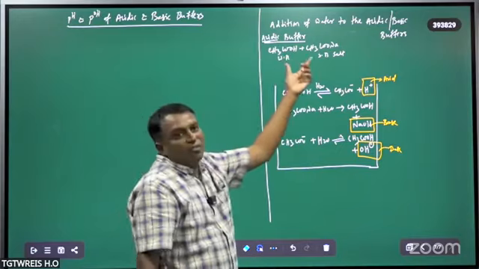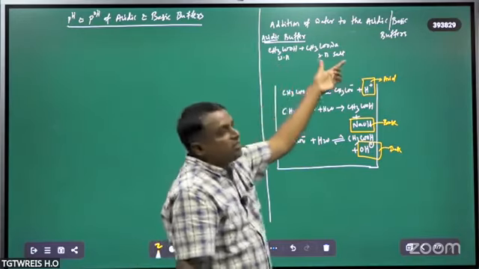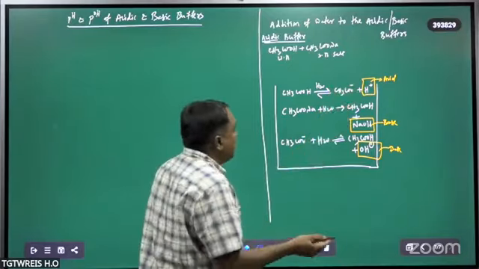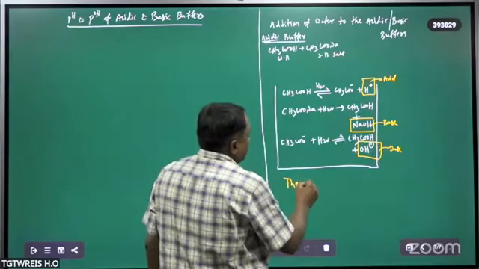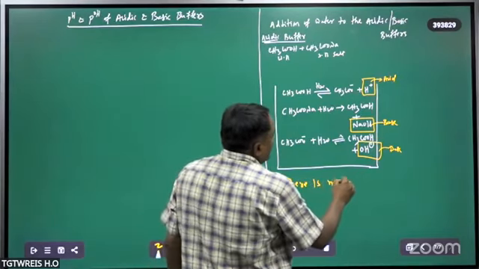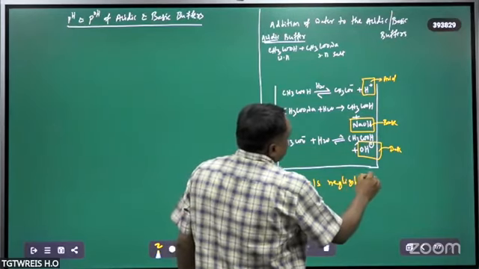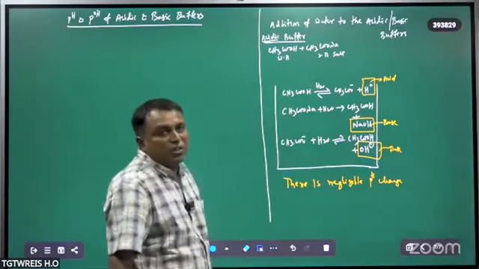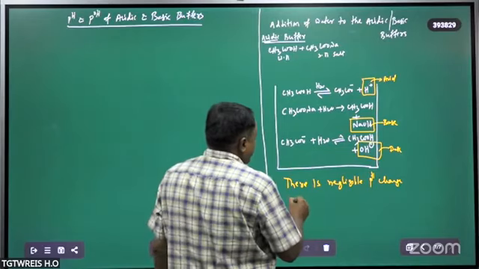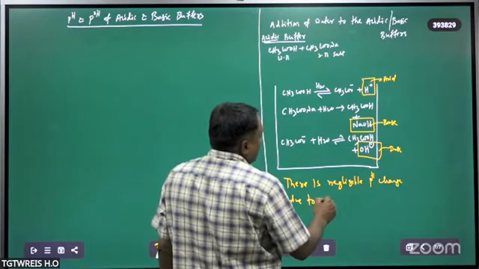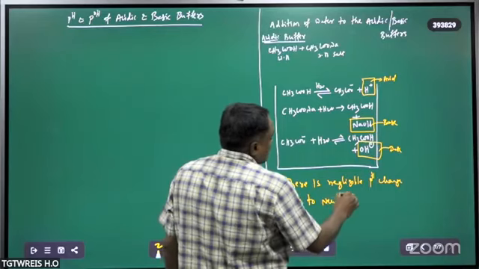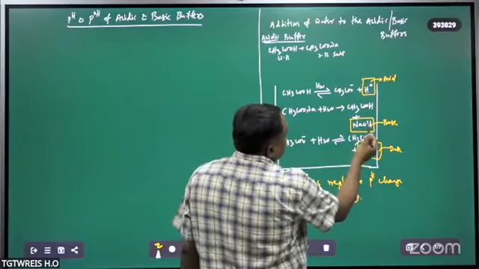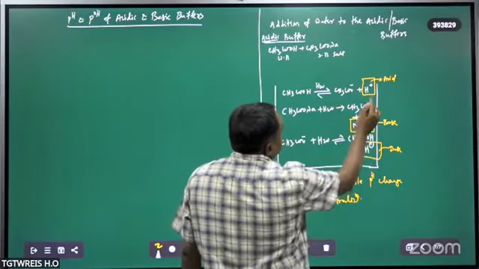Suppose you take one acidic buffer like CH3COOH and CH3COONa. Now, upon adding water, what will happen? There is a negligible change in pH due to neutralization, because the OH minus of this one, this also OH minus, and this H plus.